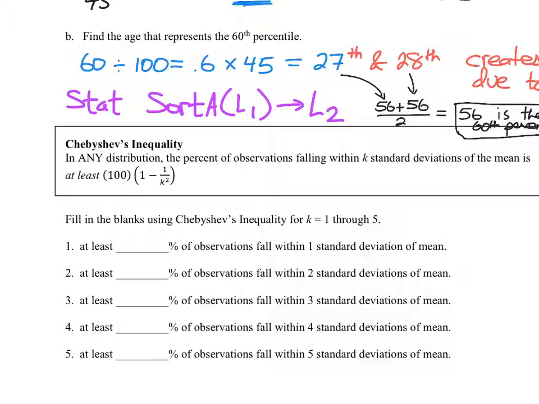So I'm going to go on to L2, hit enter, type in 100, then 1 minus 1 over L1 squared. Order of operations will make the exponent happen before the division, so I don't have to worry about parentheses.